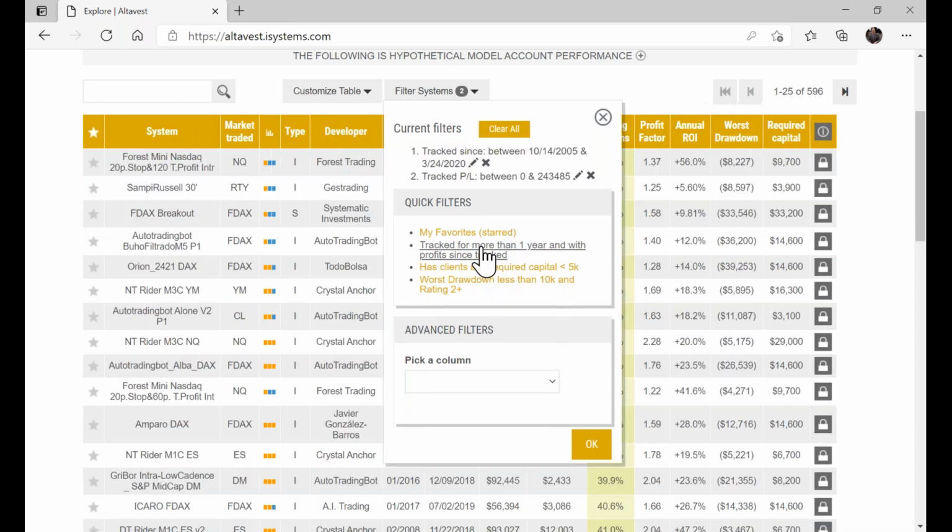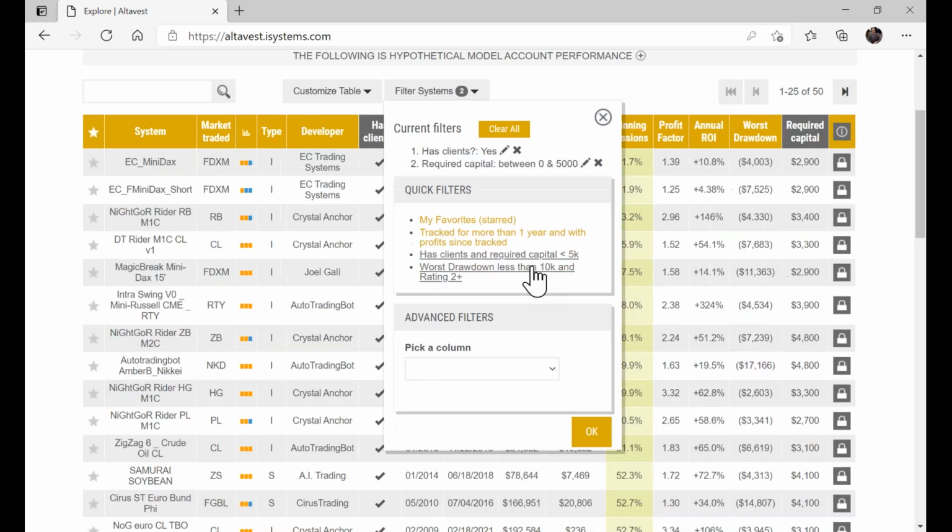So if you click that, you'll notice now there's a universe of 596 that meet that criteria. You could add another filter on top of it. Perhaps you want to look at systems that have met that filter, as well as the systems have clients with required capital less than $5,000. So now you see there's 50 systems that meet that criteria.